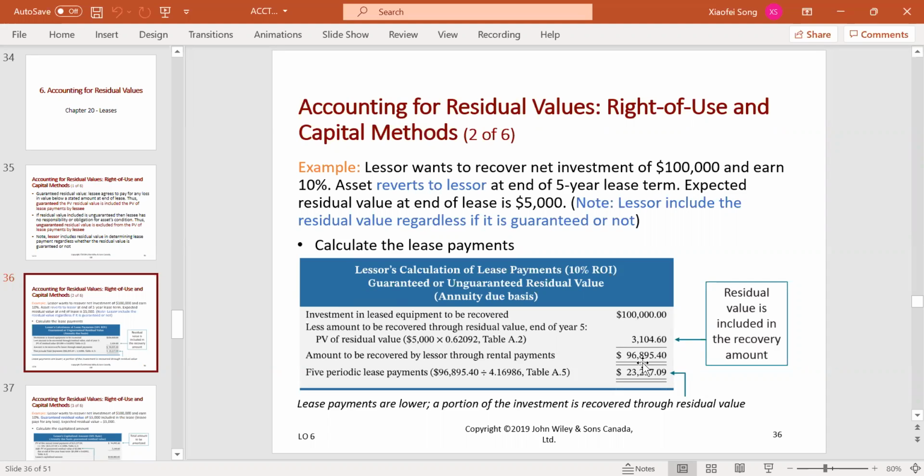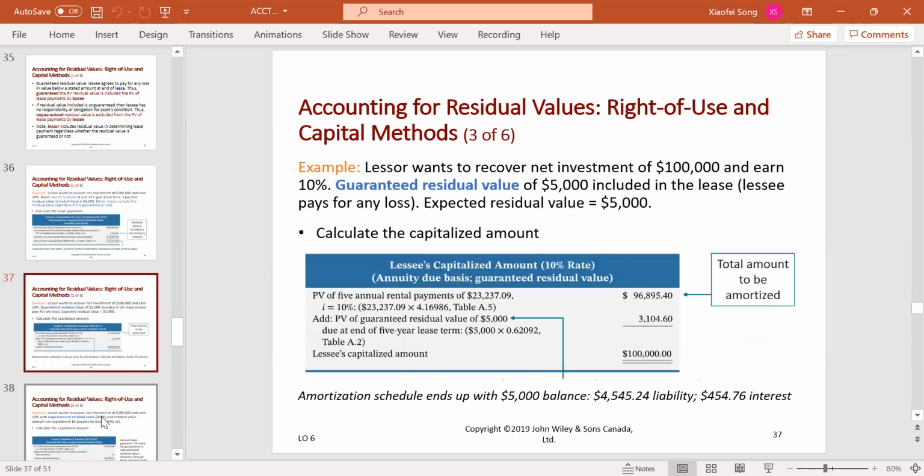A small part of that investment will be recovered by the residual value. So the rent is $23,237, slightly less than if there's no residual value. Like the example we just saw, there's a slight difference. So that's from the lessor's perspective.